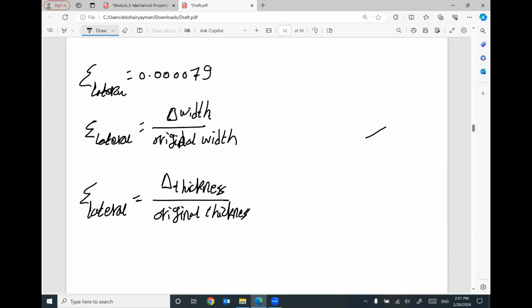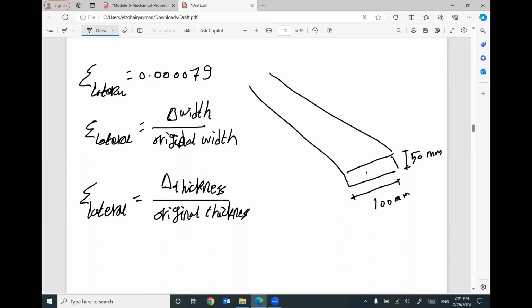Here is the bar. It was like this. This width equals 100 millimeter. The thickness equals 50 millimeter. And this is the length of the bar.